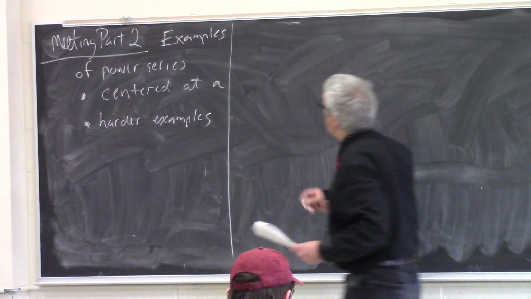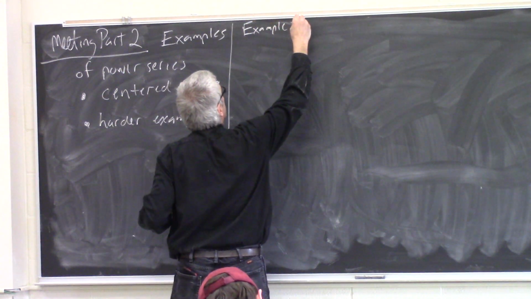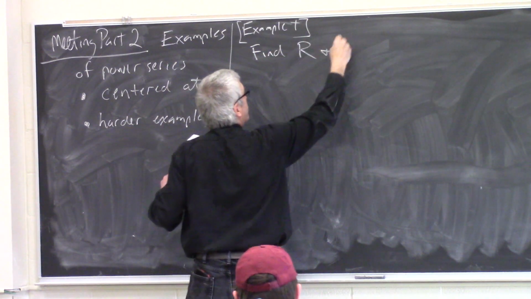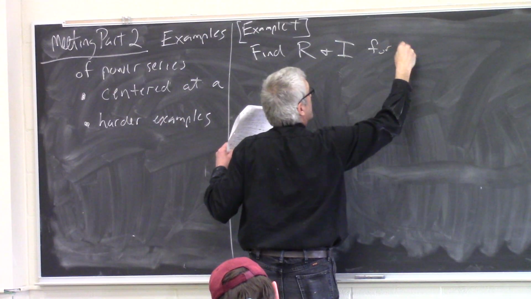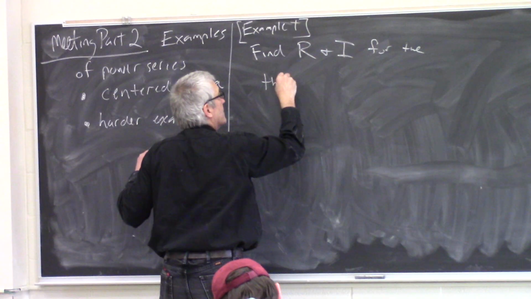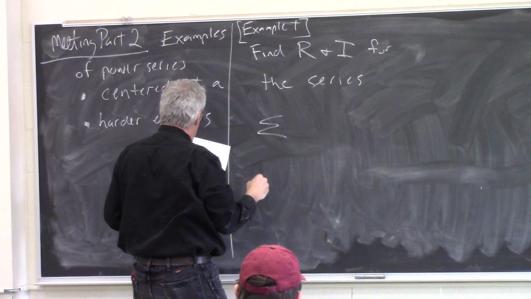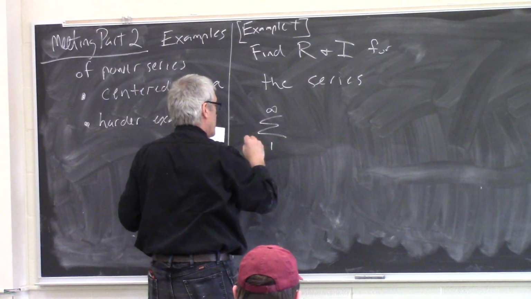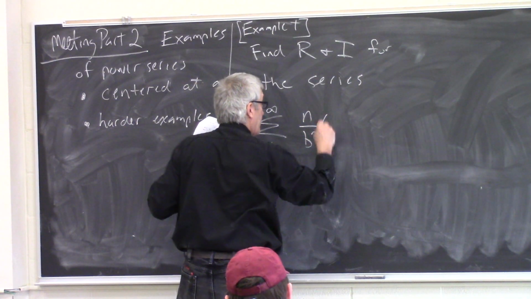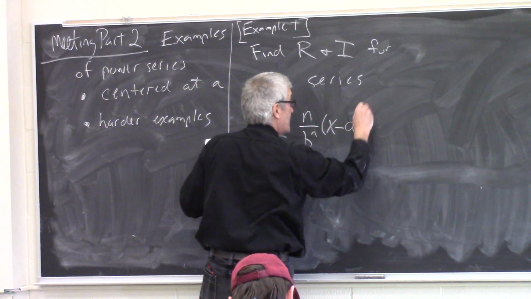So example 1. Find R and I for the series, the summation from 1 to infinity of n over b to the n times (x minus a) to the n.